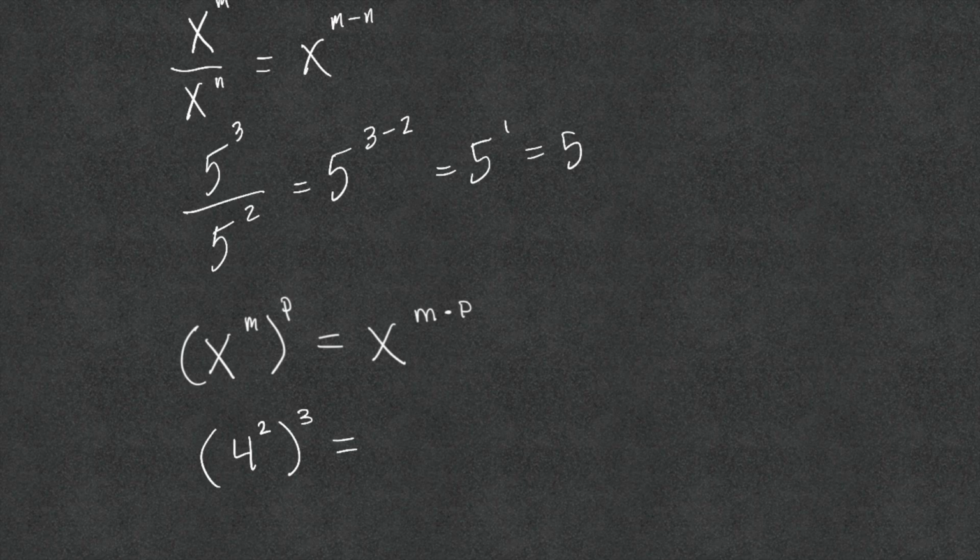So what does this look like? 4 with the power 2 times the power 3. So we have 2 times 3 is 6. So we have 4 to the 6th power. And again, that's a rather large number.